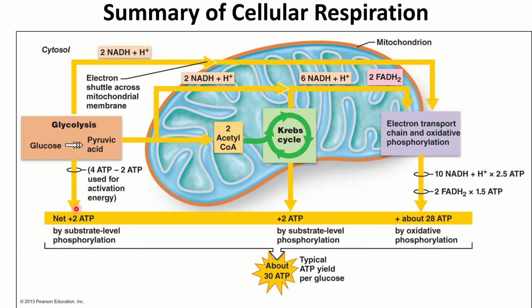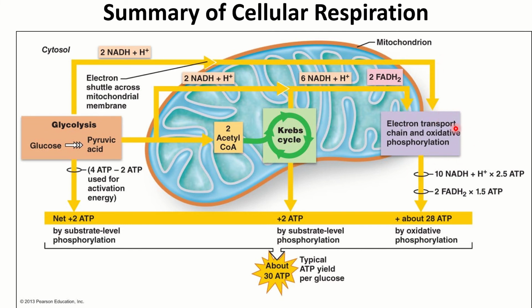Now, we have talked about these reduced coenzymes, and I'm going to point out on this image where those are showing up. So we took those original NAD coenzymes and we reduced them so that now they're carrying extra electrons in the form of hydrogen. So what you can see here is if we follow the pathway of those reduced coenzymes, they make it to the mitochondria and will contribute to oxidative phosphorylation.